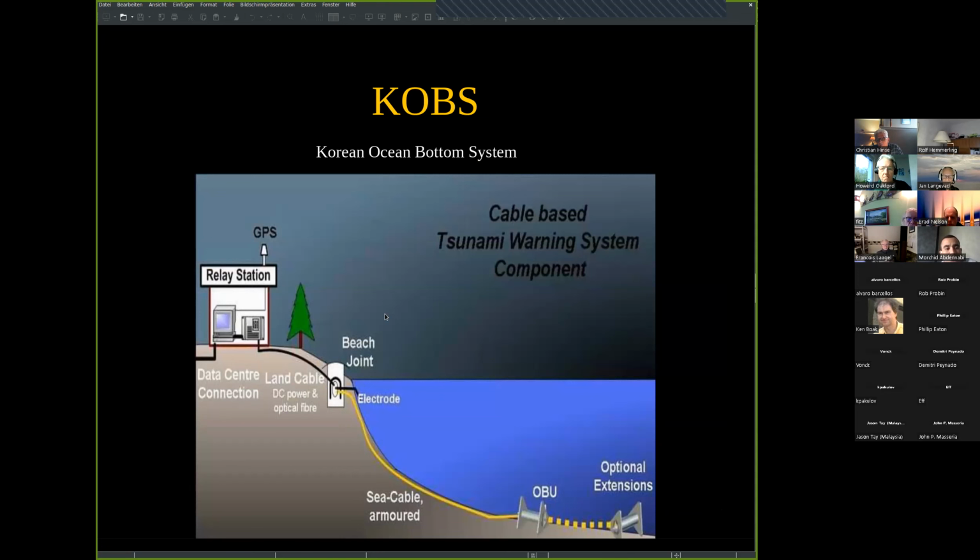And so this was built on an island in the Japanese Sea, I think about 80 kilometers off the coast of South Korea.